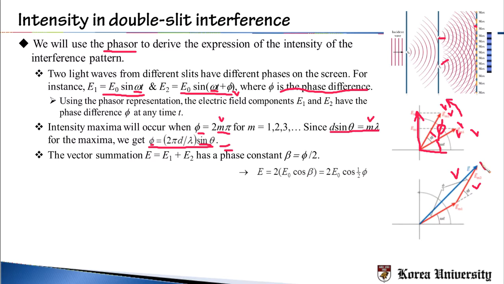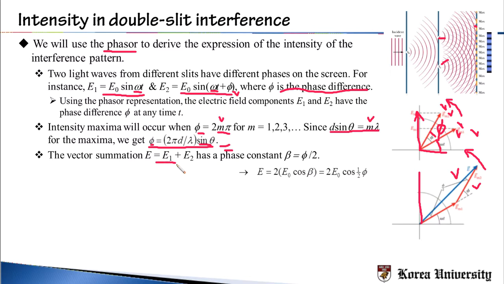As time goes on, this big arrow will rotate, and we will see the sine wave projected on the vertical axis. That's the total wave we will be observing, and the actual intensity is, of course, the square of this, but probably you will continue to observe bright spots if the condition is satisfied.